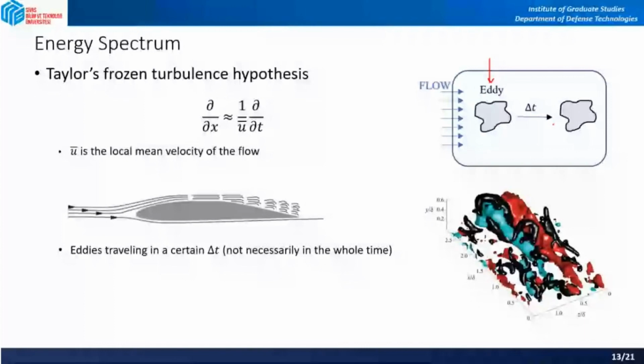G.I. Taylor first proposed this. So he said that d/dx is almost equal to 1 over u bar d/dt. So this u bar is the local mean velocity of the flow. The idea is this.